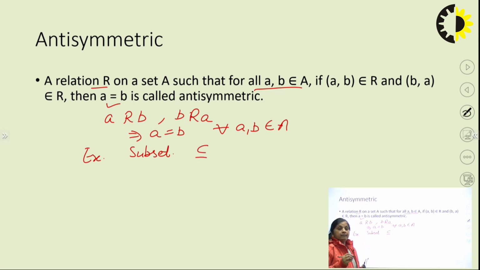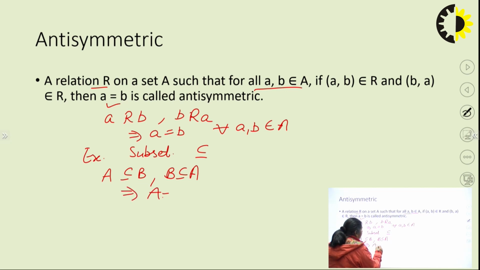So if I say that I am having a set of sets, and for two sets A is a subset of B and B is a subset of A, then we can see from here that all the elements of A are in B and all the elements of B are in A. This is possible only in one case, when A is the same as B.